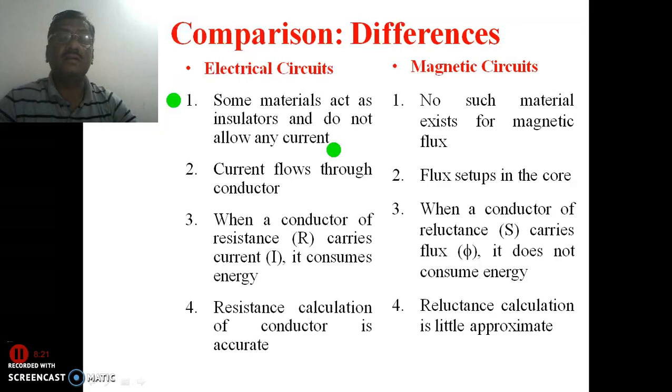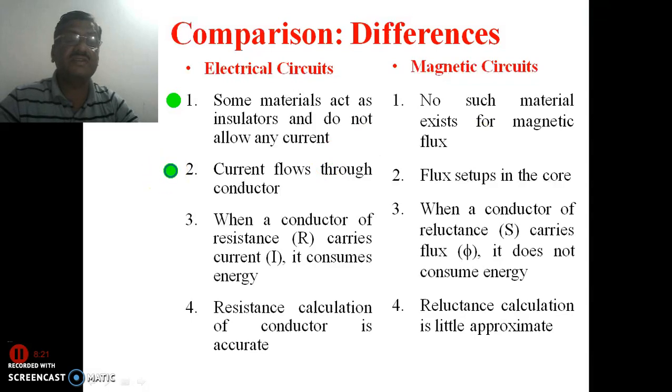These will not allow the flow of current. But no such materials exist for the magnetic path or magnetic circuit, because even the magnetic flux passes through the air gap, because air is also not an insulator for the flux.